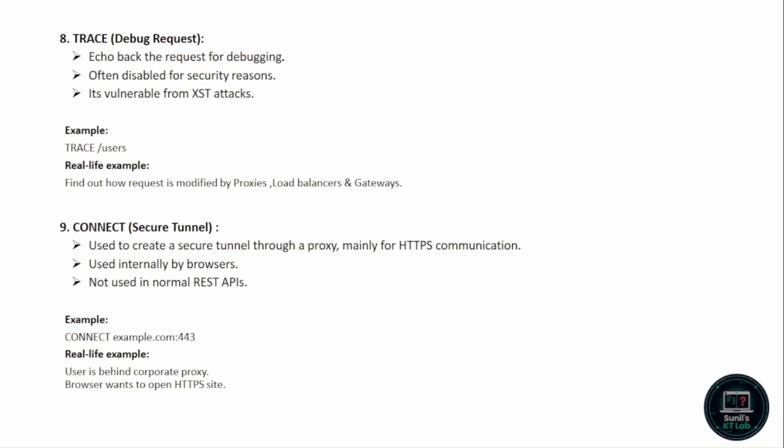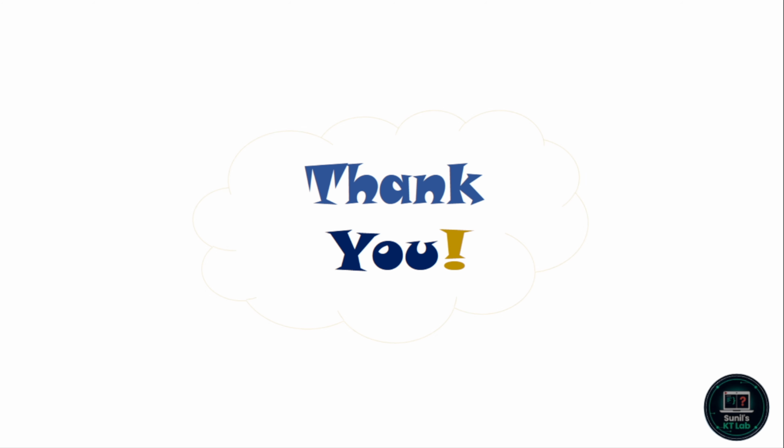When the user wants to access HTTPS connections through a secure tunnel, this connection request is sent internally by the browser. The real example is a user behind a corporate proxy who wants to access HTTPS sites. At that time this connection request is sent and enables the secure tunnel to send or receive data, and it's not sent by the user directly, it's sent by the browser internally.